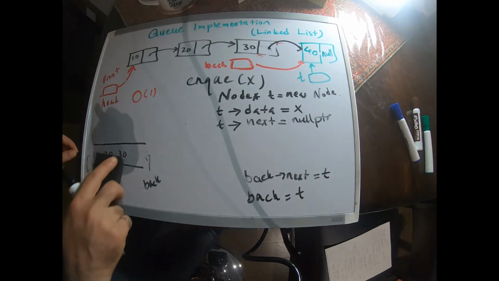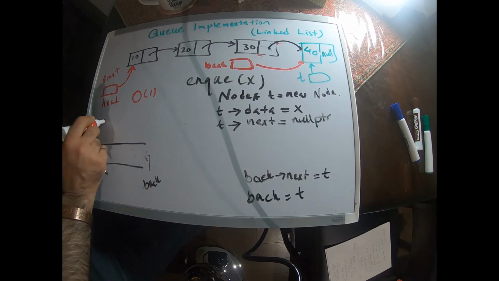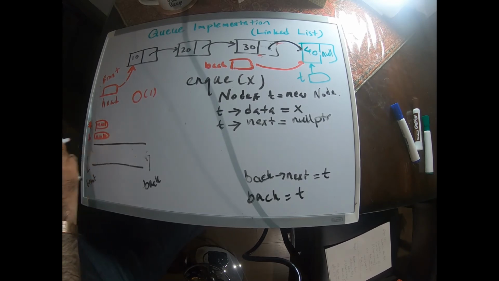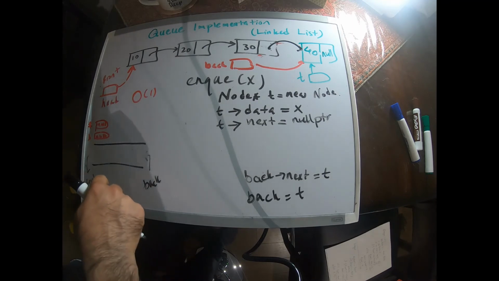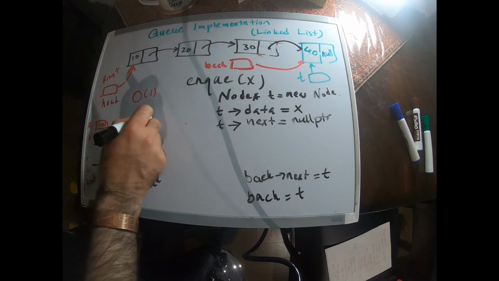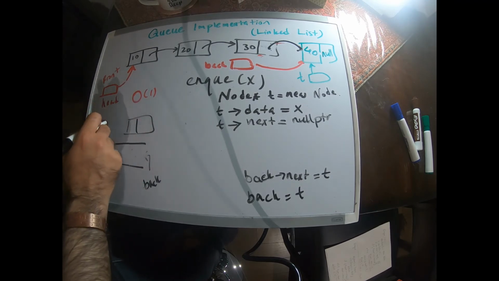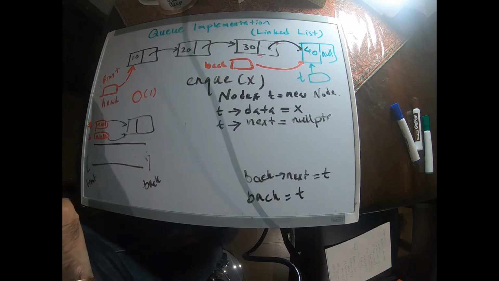If our queue is empty, we have two null pointers. Both front and back are going to be null, right? That's the initial value of the front and back pointers. If that's the case, when you want to enqueue the first node, you have to make both front and back point to the same thing.